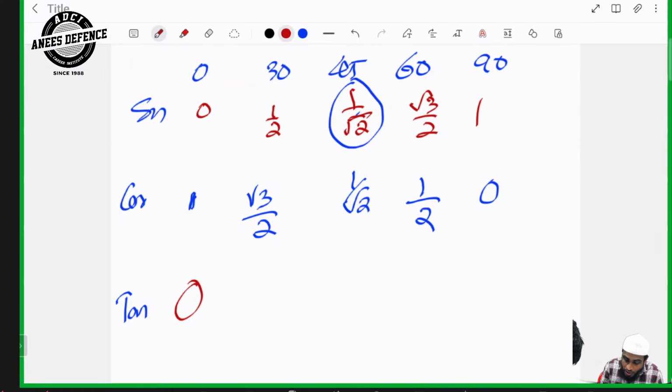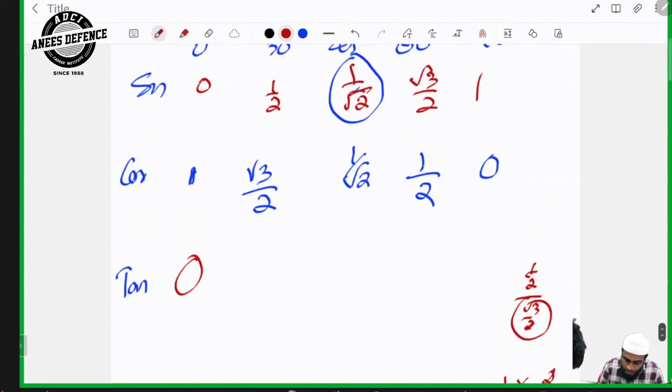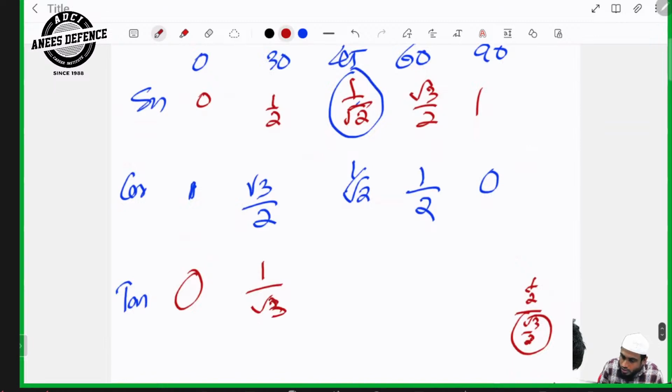You have to multiply 1 by 2 into 2 by root 3. 2 cut, 1 by root 3. If this one is 1 by root 3, this one will be root 3.